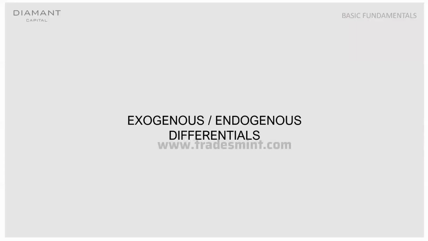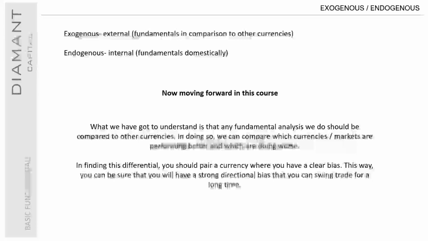But what you've actually got to do is compare them. And that's where we look at differentials between the types of economies. So exogenous is external fundamentals in comparison to other currencies. Endogenous is internals, so fundamentals domestically. Now, moving forward in this course, any fundamental analysis that we do should always be compared to other currencies.